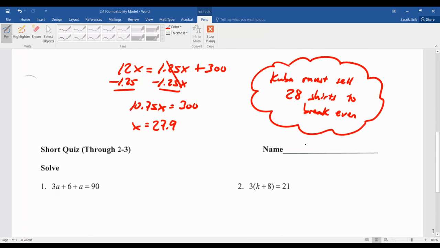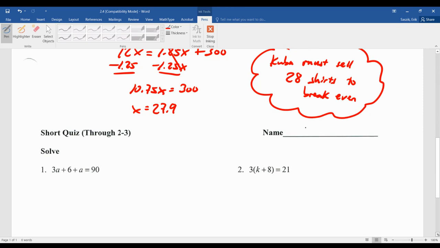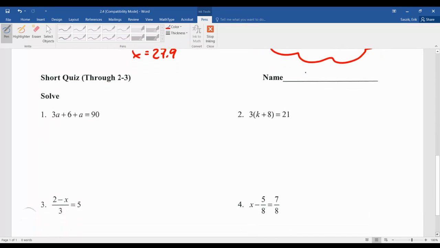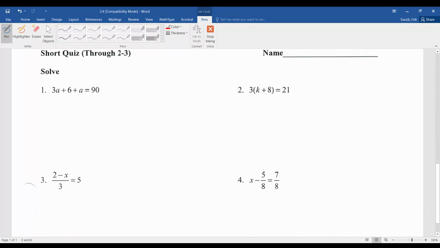I'm going to quickly go through these things down here. These should be quick and painless. Distribute. We actually did this problem on another sheet. Move the 24 over. So 3k equals negative 3. Divide, and you get k equals negative 1.